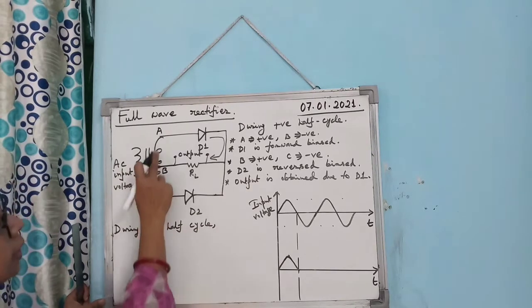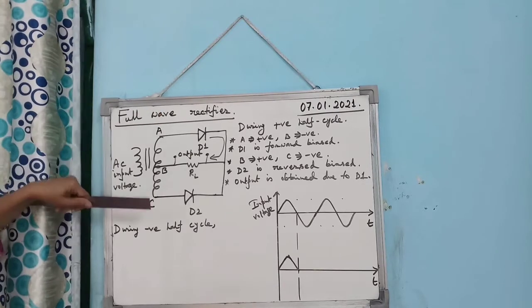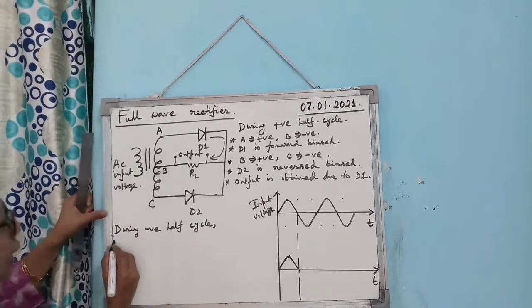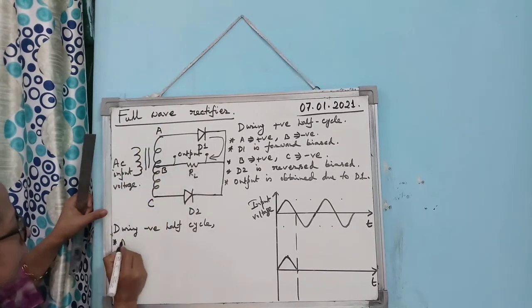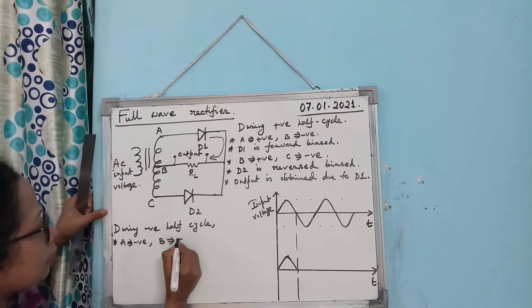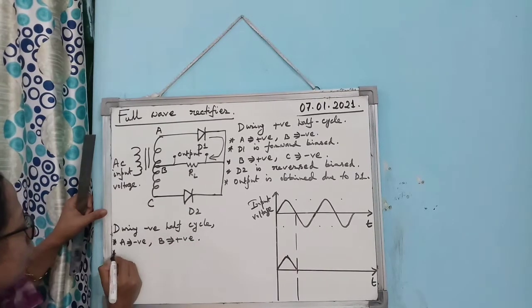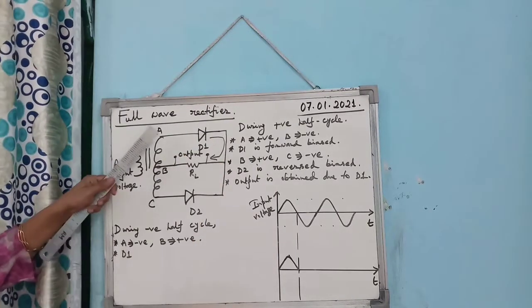Now, come to the second half cycle, during the negative half cycle. What will happen? The upper will be negative and the lower will be positive. So, if you consider the two points A and B, A is negative and B is positive. So, what kind of biasing does D1 have? A negative.